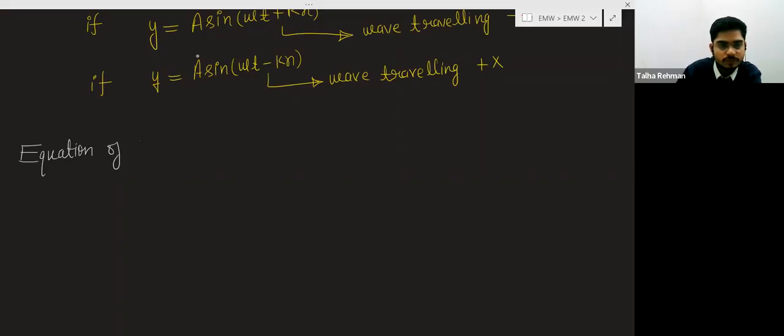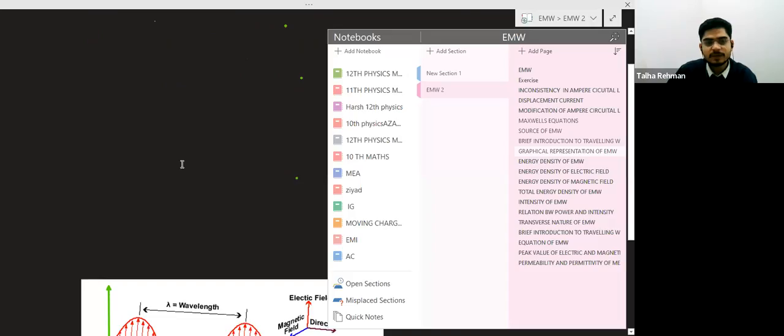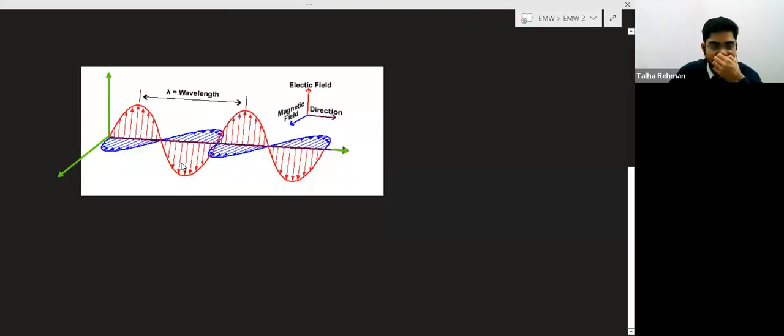Equation of EMW means electromagnetic wave. I have told you in an electromagnetic wave there is an electric field and a magnetic field, and they are oscillating. This is how the electromagnetic wave looks.